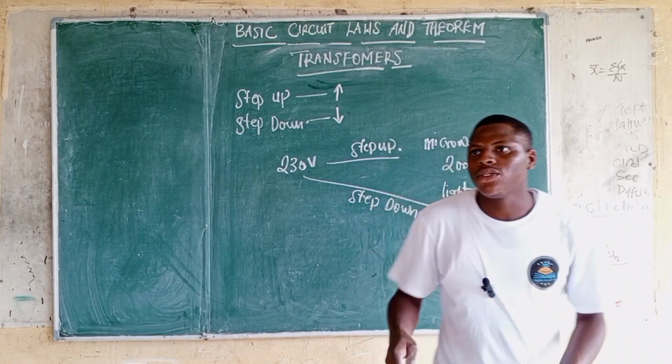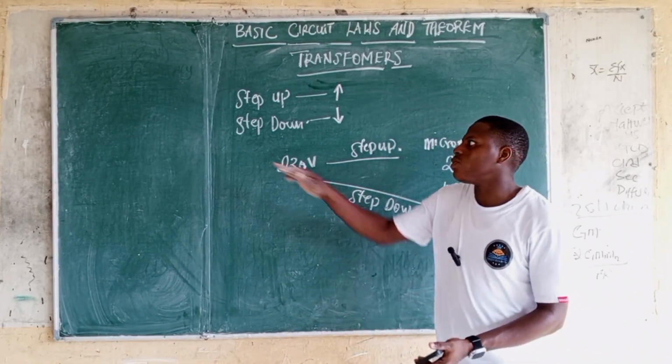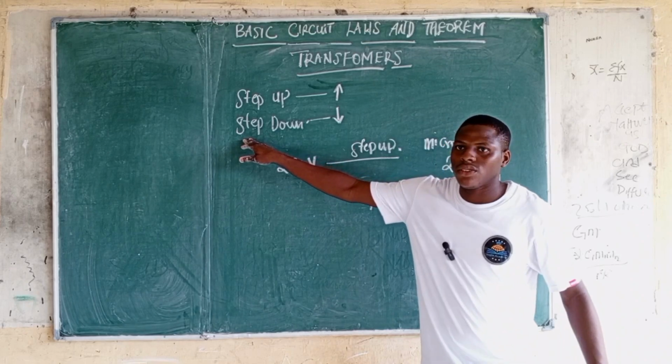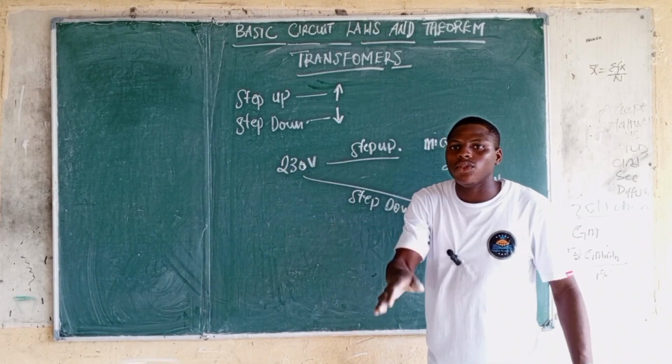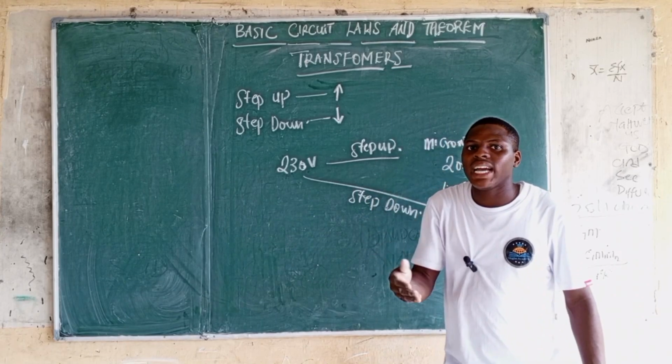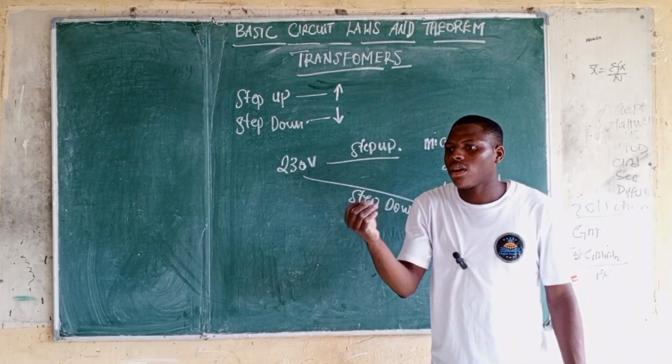I told you the transformer is a device that steps up and steps down an AC voltage source. Now your transformer basically consists of two coils.